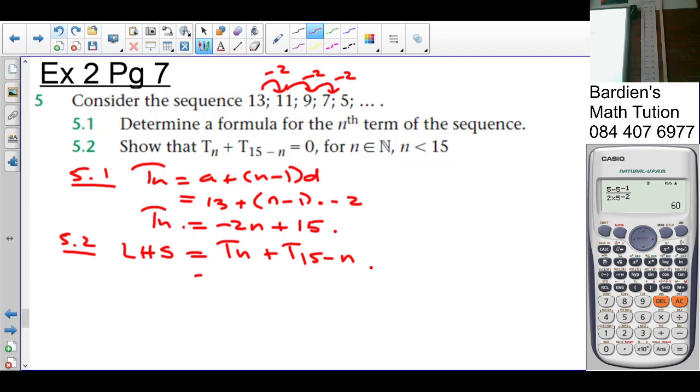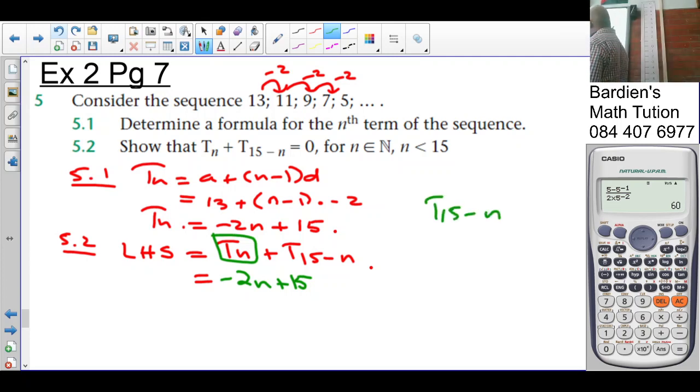So what is Tn? Minus 2n plus 15. Not so? So it's going to be minus 2n plus 15. But what is T15 minus n? Remember that Tn is going to be minus 2n plus 15.